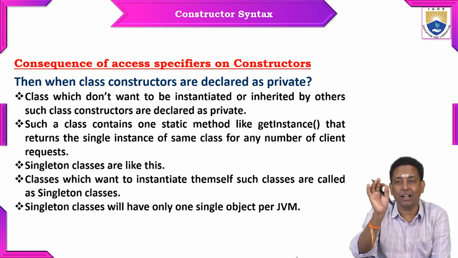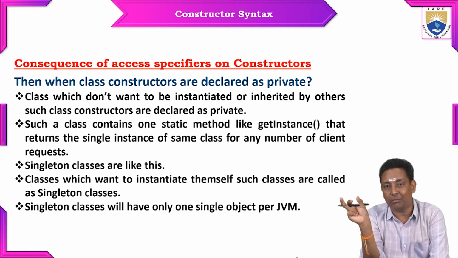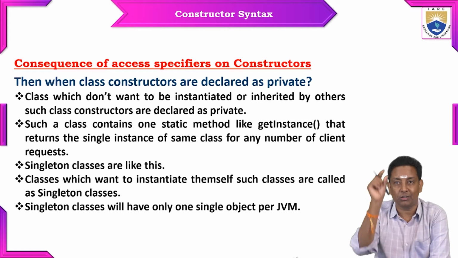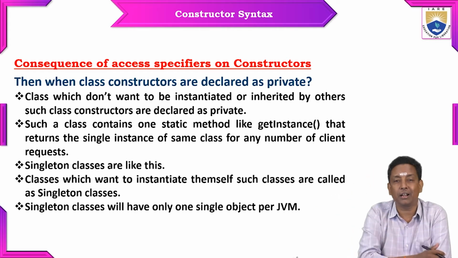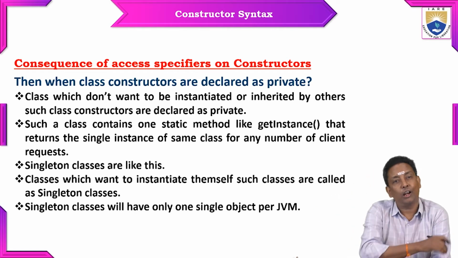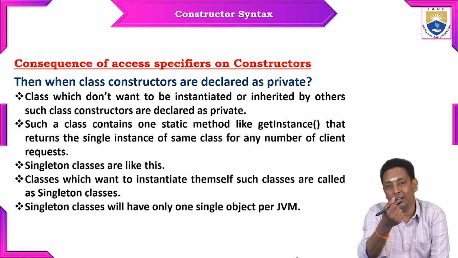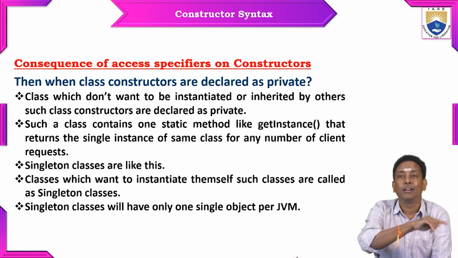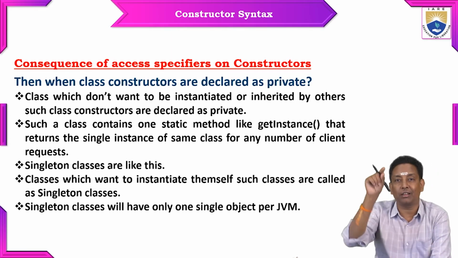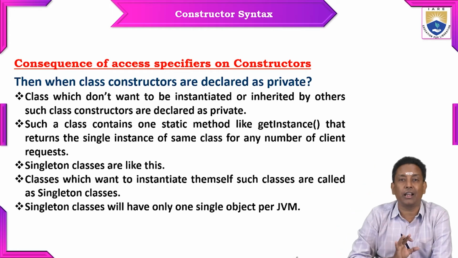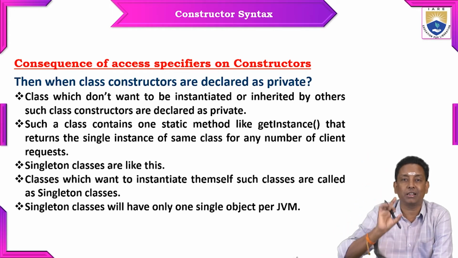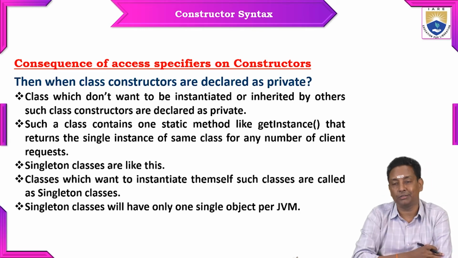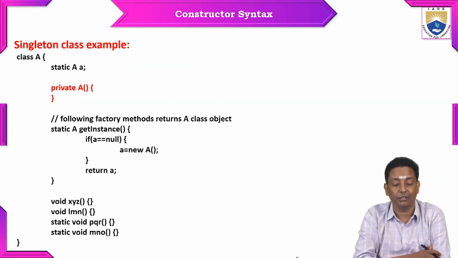In every singleton class, you will find one static method called getInstance, whose return type is the same class type. Whoever invokes getInstance gets the same object. The first time, getInstance checks whether an object is already created for class A. If not, the object is created, and from the second request onwards the same object is returned to multiple clients.